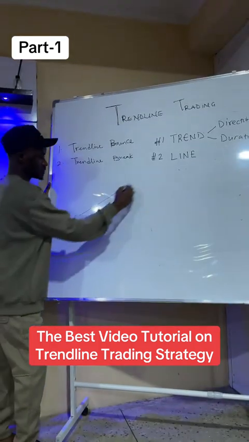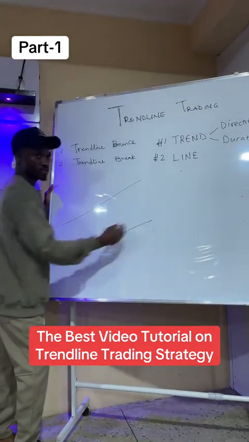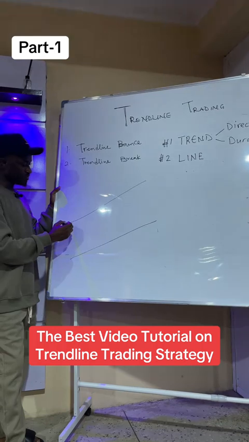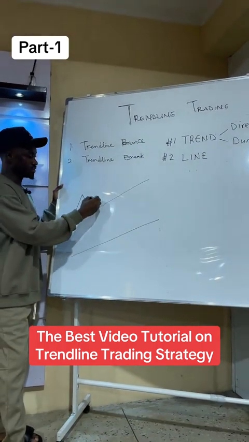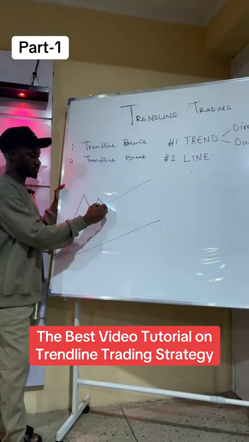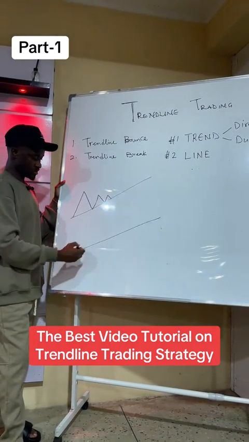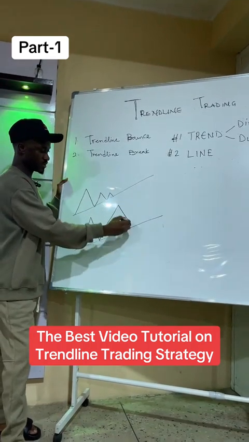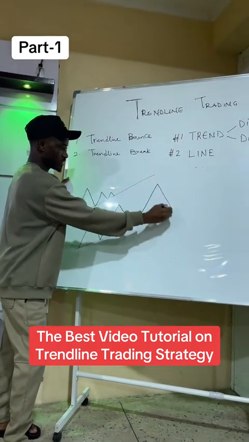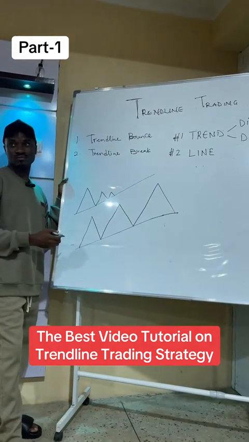This is a trend line, and this is another trend line. Now, you have this trend line like this, and you have this like this, and you have this like this. What is the difference here?